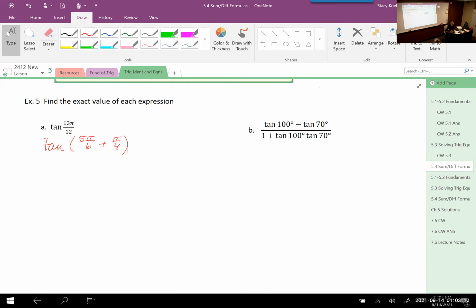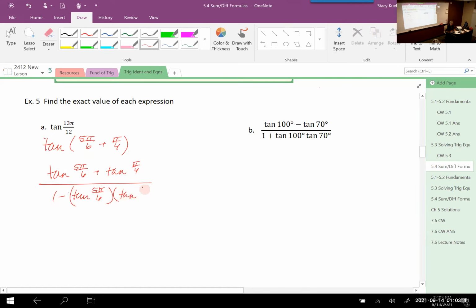Since we're doing the sum identity for tangent, this is going to look like the tangent of 5 pi over 6 plus the tangent of pi over 4, divided by 1 minus the tangent of 5 pi over 6 times the tangent of pi over 4.